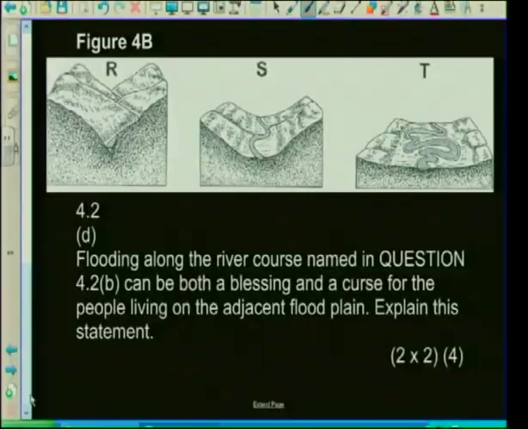4.2d. Flooding along the river course named in question 4.2b can be both a blessing and a curse for the people living on the adjacent floodplain. Explain the statement. If you look at the mark allocation, it's 2 times 2, and in the question they've asked you specifically for a blessing, so that is something that is good, and a curse, which is obviously something that is not as good.